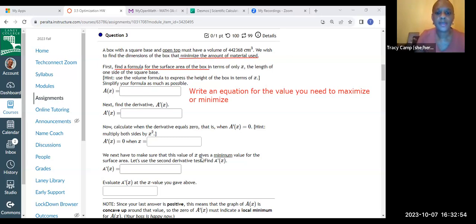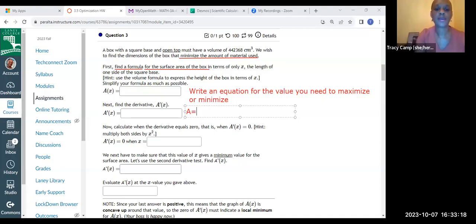So our formula, again, is going to consist of the bottom of the box and then 4 sides. So my area, or surface area, they're calling it A, big A for surface area.